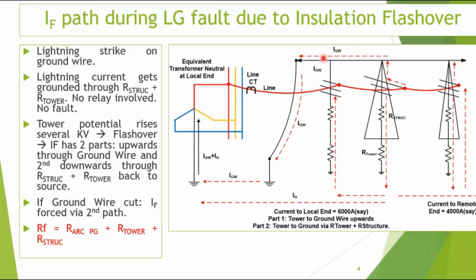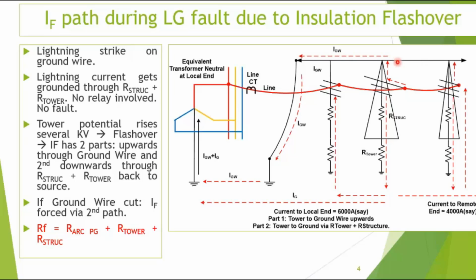Now, whenever there is a lightning strike on the ground wire, this does not directly constitute a fault. The lightning strike gets grounded through the structure and the tower, and the matter ends there. So why do generally all lightning strikes not create faults?